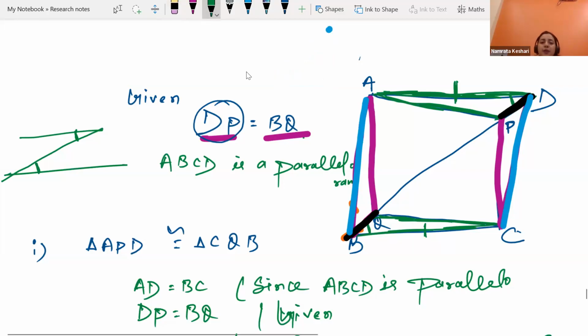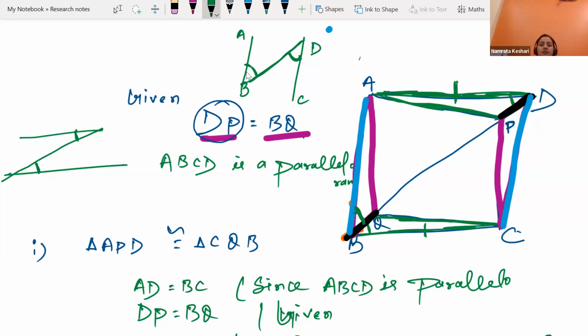If we are having parallel lines AB and CD, and there is a transversal like this, now tell me which two angles will be equal, which will be present in this triangle and that triangle. Can we say this angle and this angle will be equal? Alternate interior angle. Can we say that?